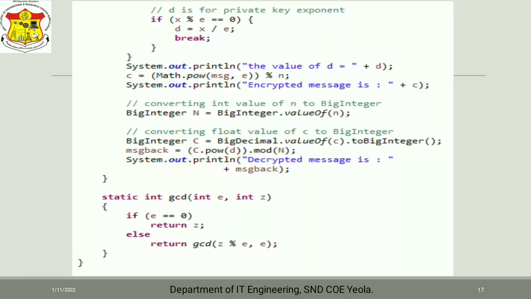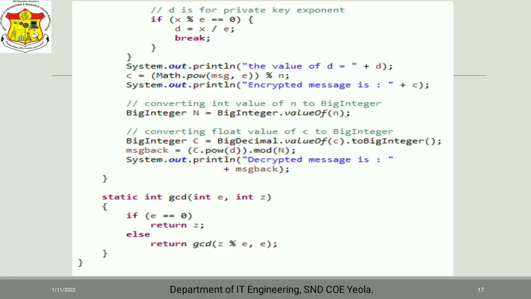In next line, converting integer value of n to the big integer. To get back the plain text, we have a formula m is equal to c raised to d mod n. Then print the value of m, that is system.out.println.